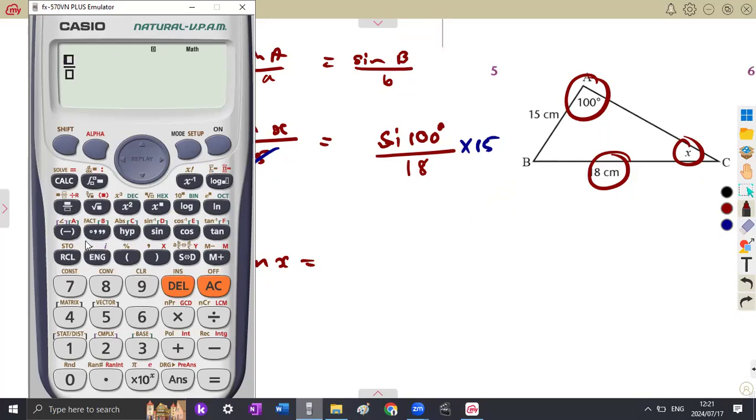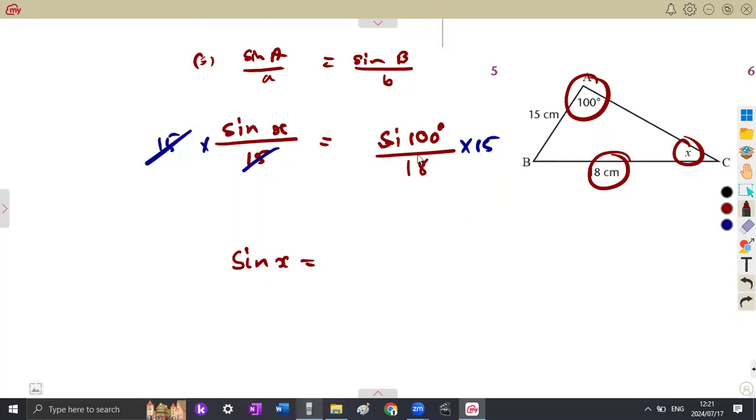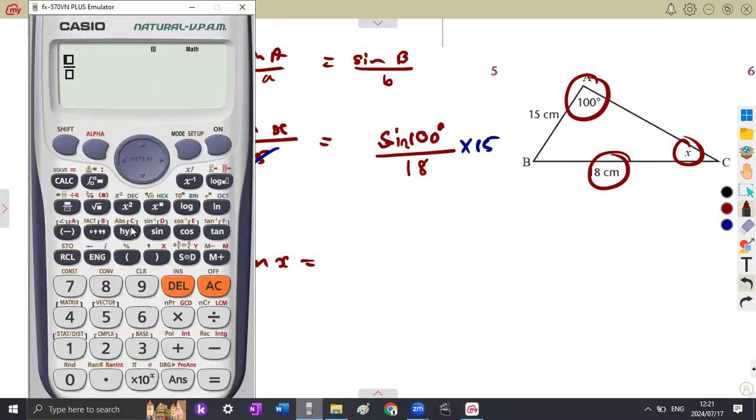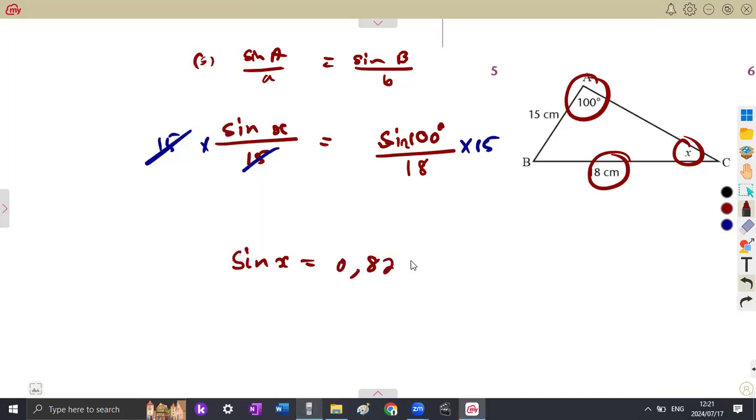This is 15 times the sine of 100 degrees divided by 18. It's going to give us a decimal just like the previous case, 0.820 and so on, up to, we do not know.